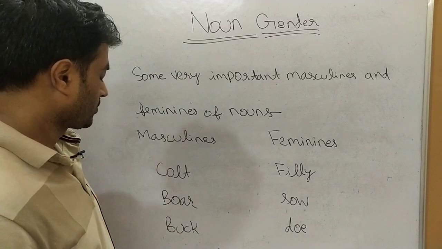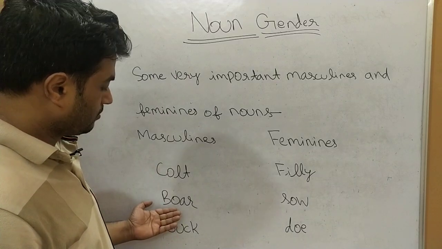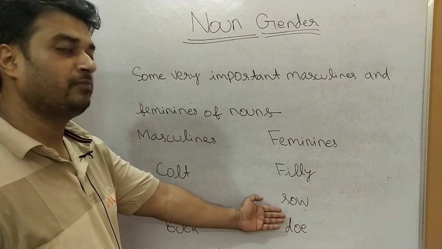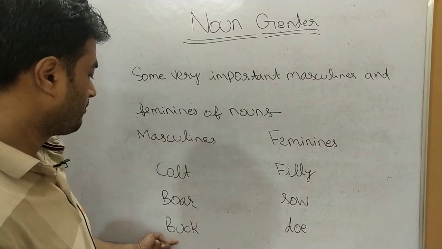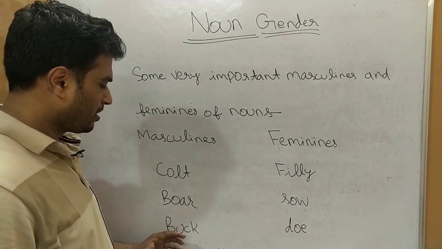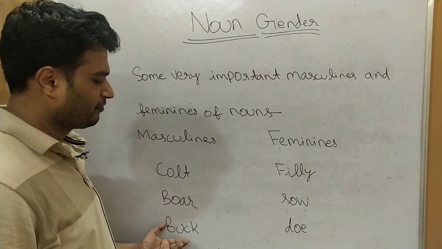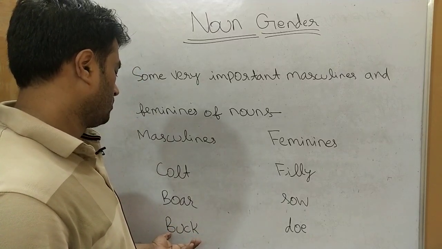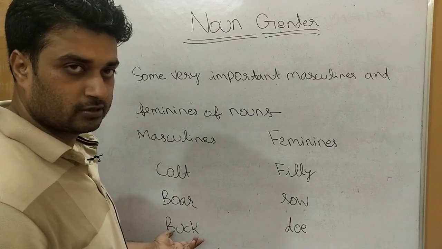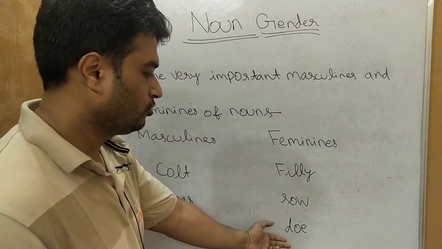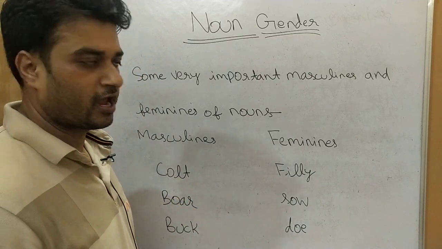Boar is a male wild pig and sow is a female wild pig. Buck, doe. A buck is a male of a stag, of a rabbit, of a deer, and a doe is the female of various animals.